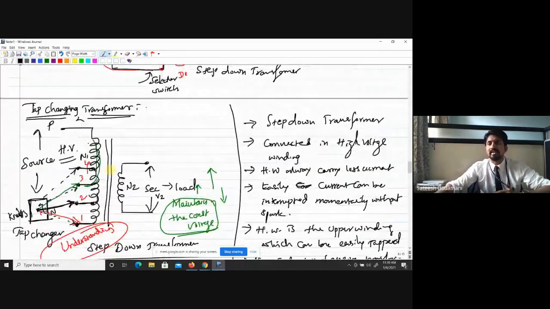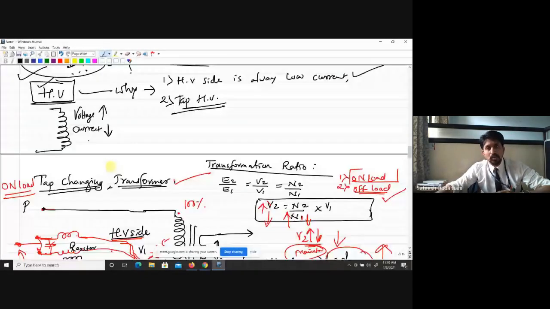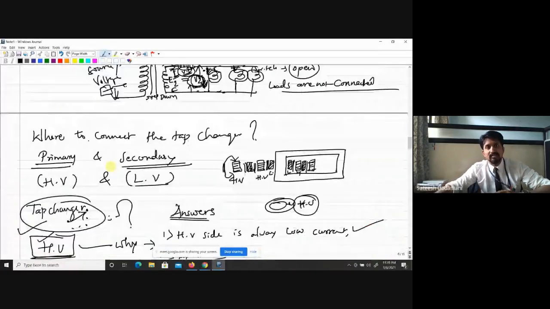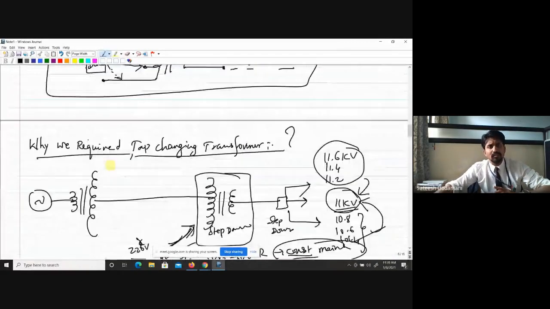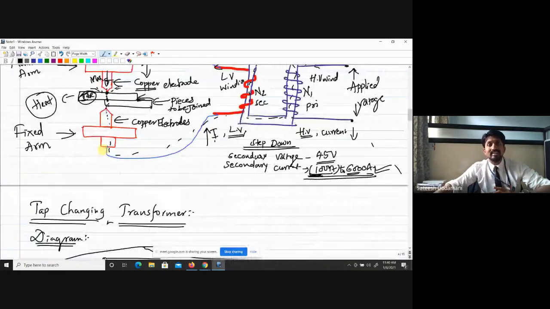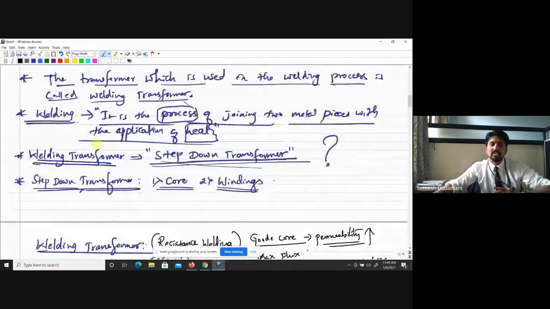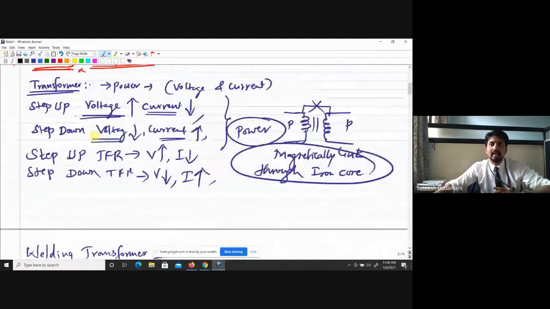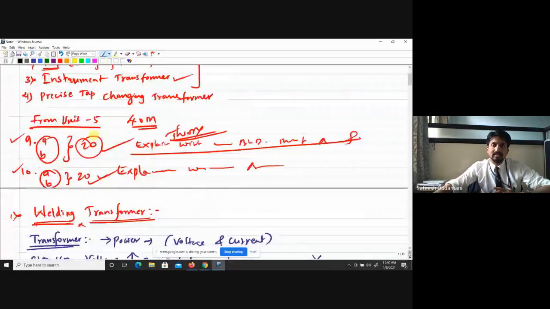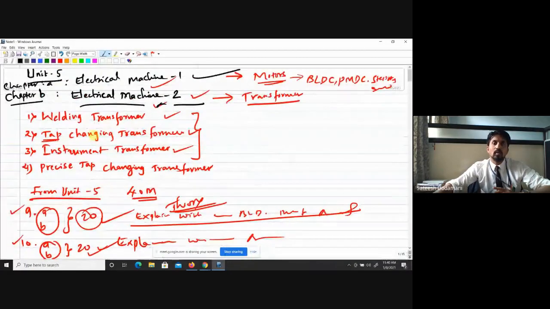So that is the homework for you. Go through what a precise tap changing transformer is. Except for that and the Scott connection, everything I have covered. The Scott connection I will cover in tomorrow's class, and 100% of the DC and G syllabus will be covered tomorrow, so that electrical machine 2 is also over.